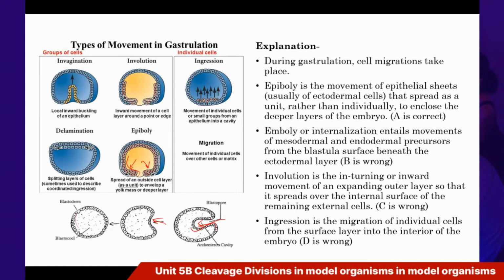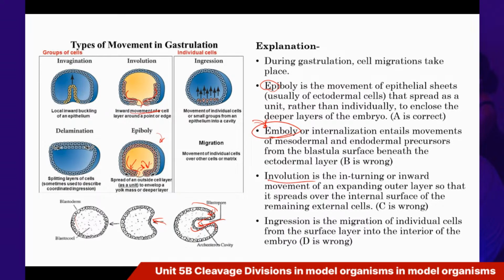The cells going inside get internalized by the ectodermal layer outside. So the outside movement is epiboly, and the cells inside, which get covered by the ectoderm, that cell movement is emboly. Epi means top, and the contrasting word is emboly. Involution is where the cells move inward.